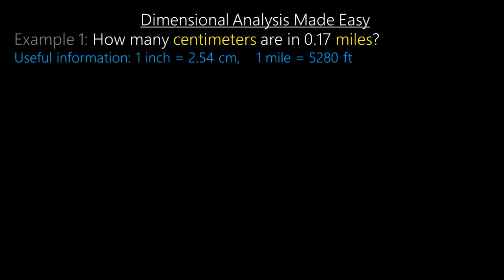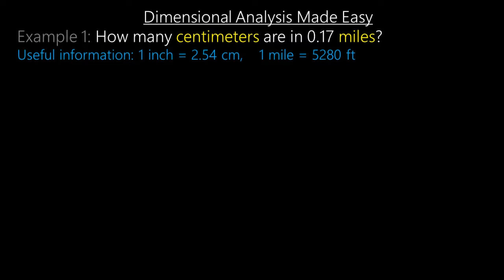So with dimensional analysis, I look at what I have, and I say to myself, I'm going to put that down first. I call that what you know. The only value I really know that is unique to the problem is 0.17 miles.